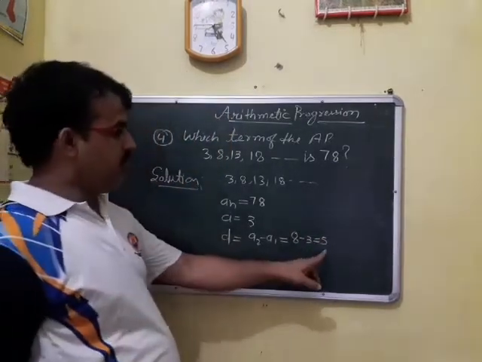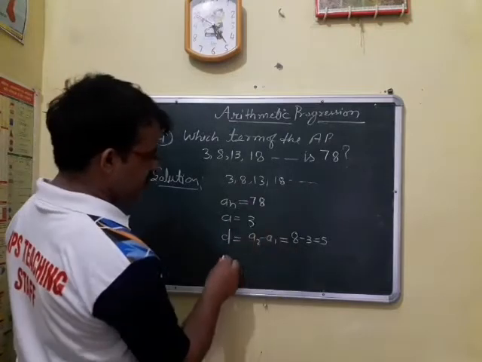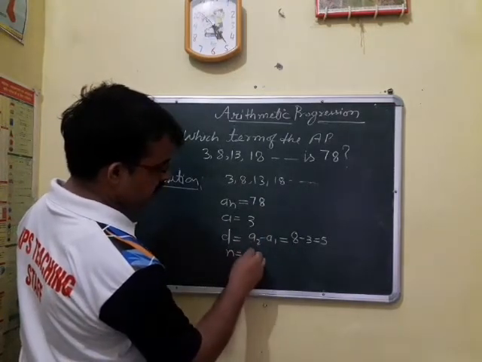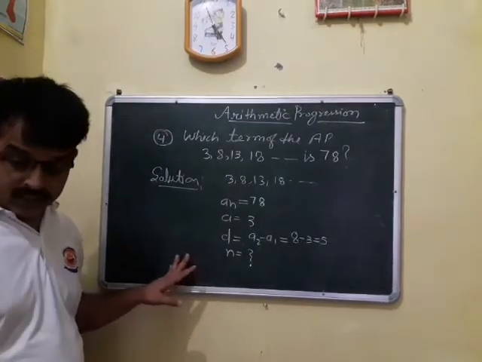d is equal to 5, and next we find the n term. Clear? This portion is clear.